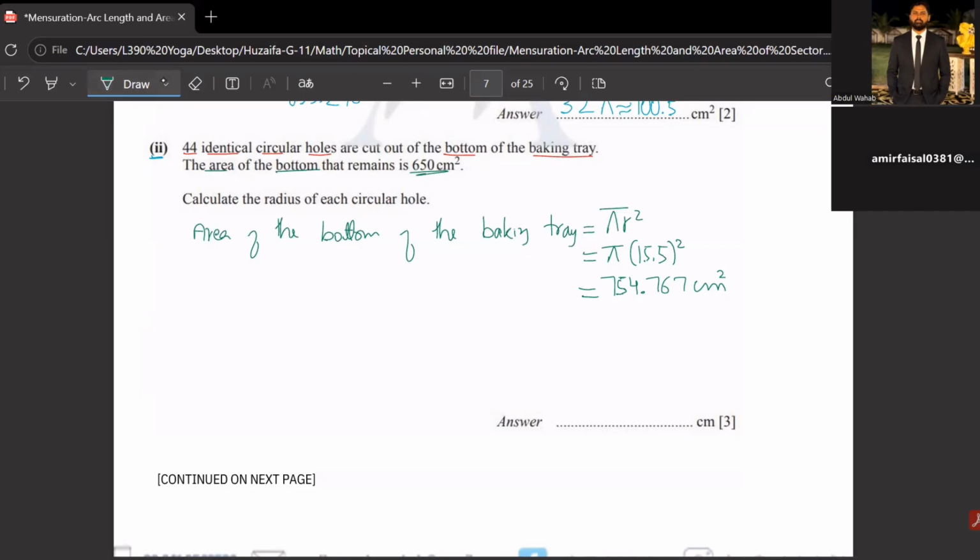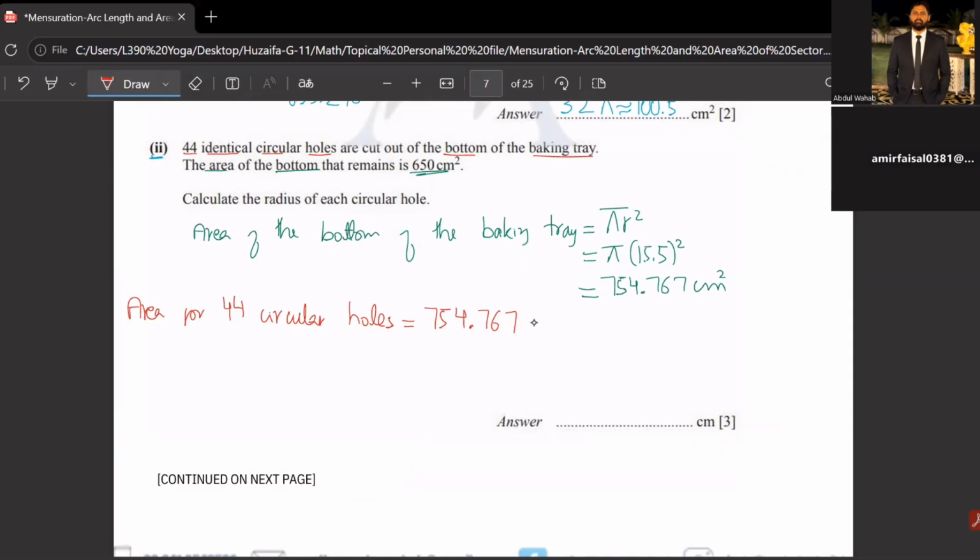What must be the area covered by 44 circular holes? 754.767 is the complete area of the bottom of the baking tray.